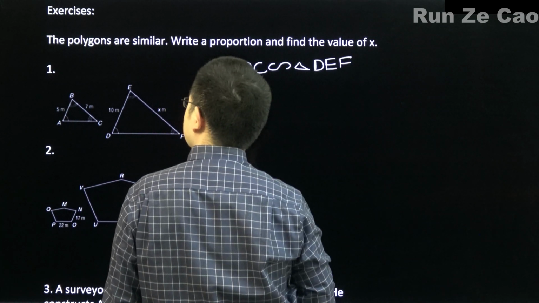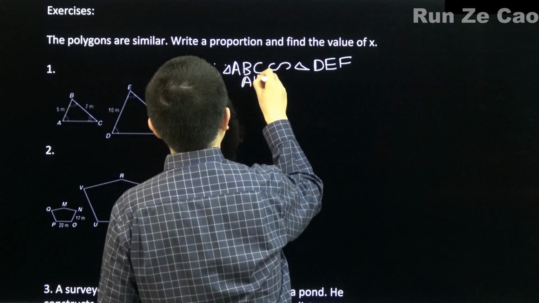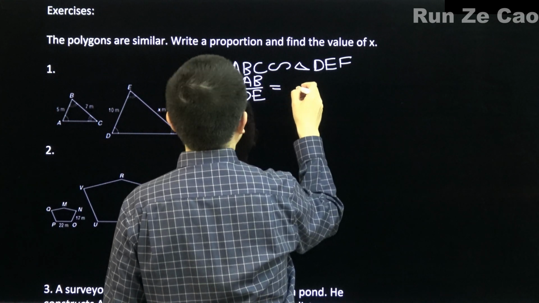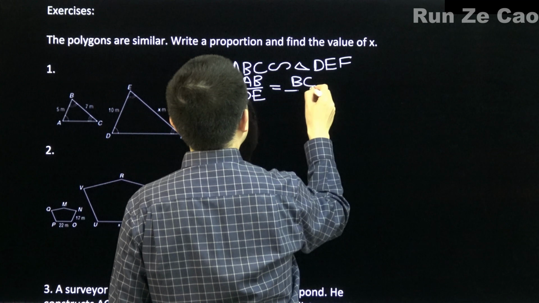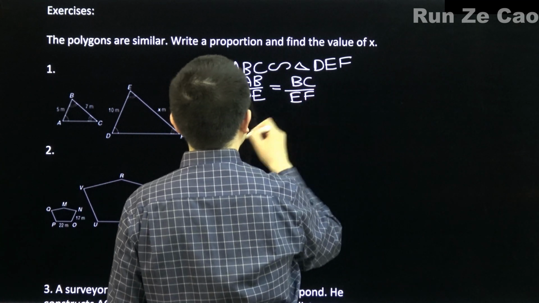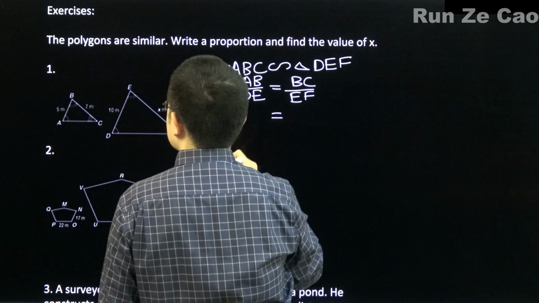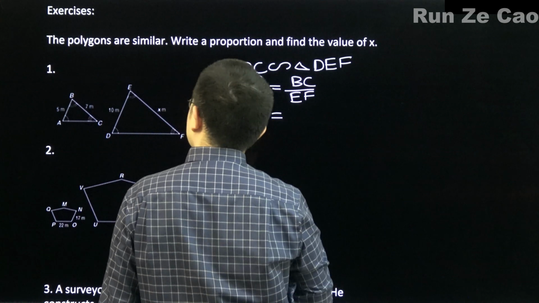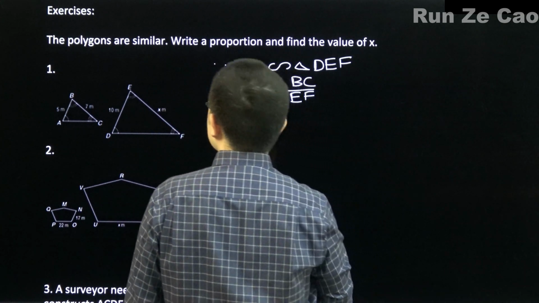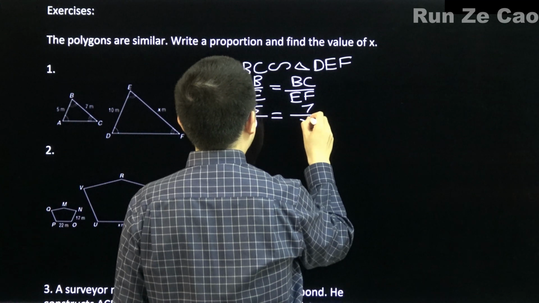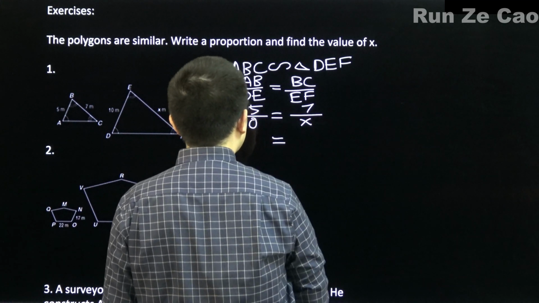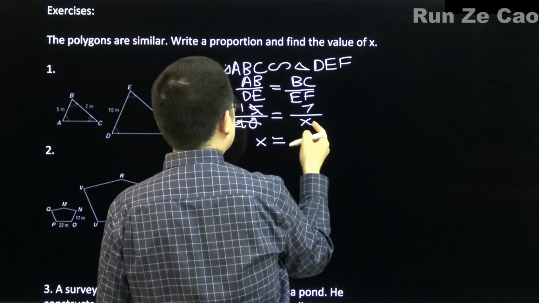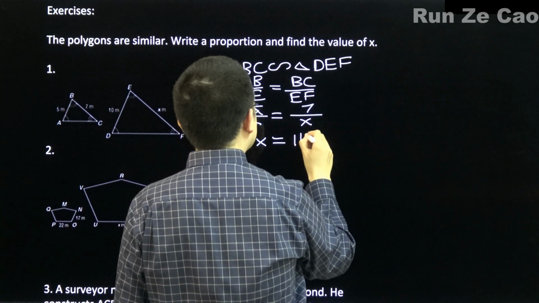Therefore, AB over DE is equal to BC over EF, which is 5 meters over 10 meters is equal to BC, which is 7, over EF, which is x meters. This is 1 over 2. So when we cross multiply, we end up with x equals 14 meters.